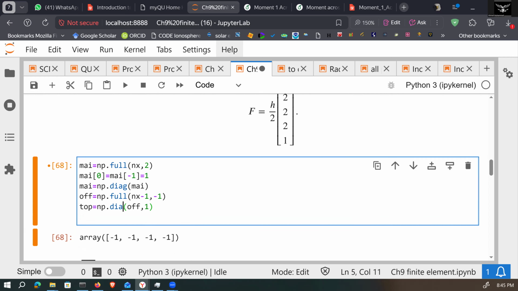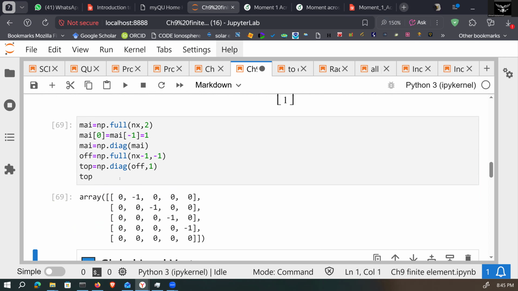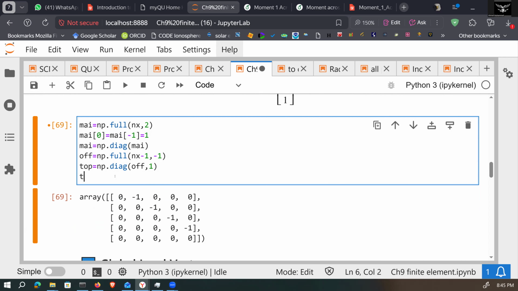So when you look at matrix off, you will see it like this. I'm going to do the bottom as well, or I call it down, equals np.diag of off, but in this case with offset minus 1.